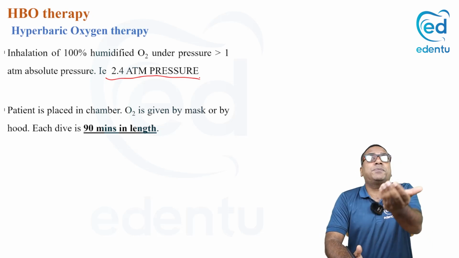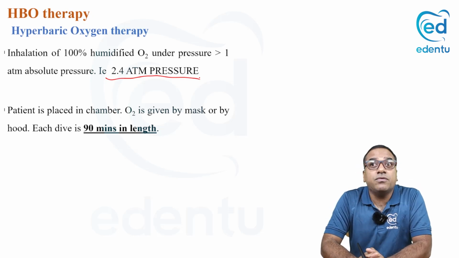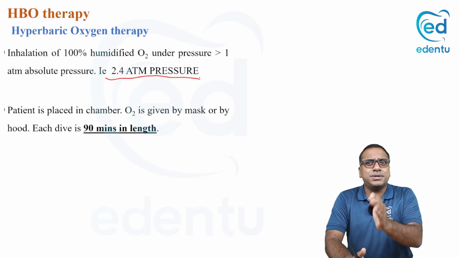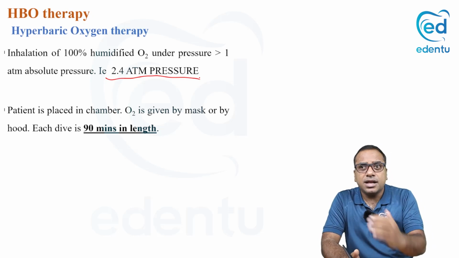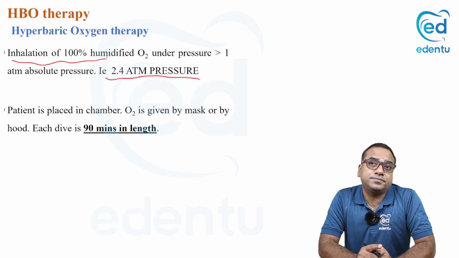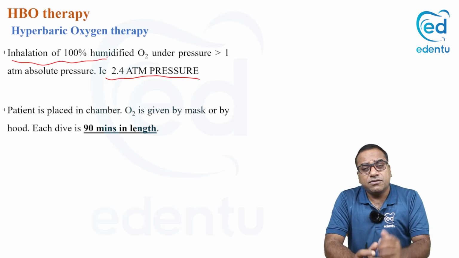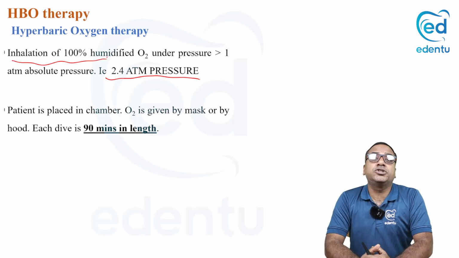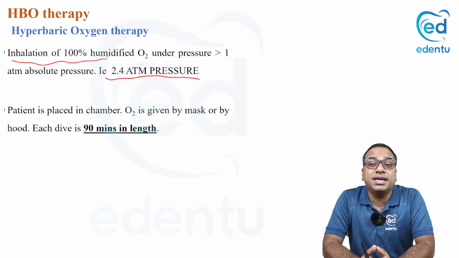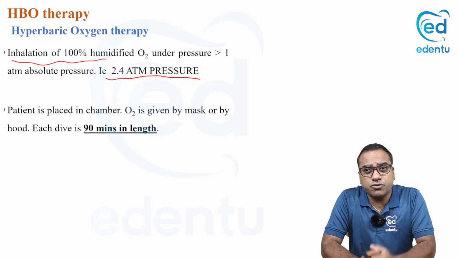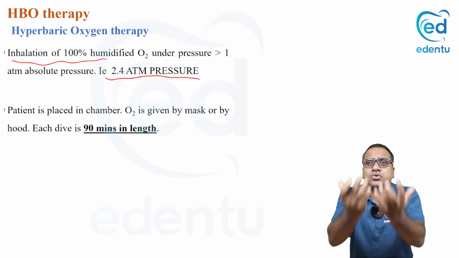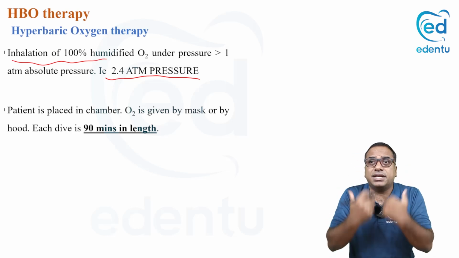So we are taking this patient to a new chamber where we give 5 times more oxygen. He was inhaling 19 to 20% earlier, now we give him 100% humidified oxygen. So this is different. First of all, the atmospheric pressure of the room is changed to 2.4 and the oxygen with the hood or the mask is 100%. So 5 times more than normal. There will be a flood of oxygen, a tsunami of oxygen, inside the body.